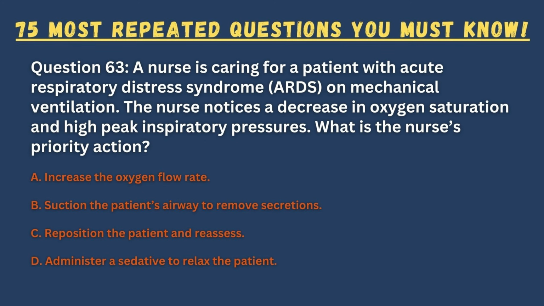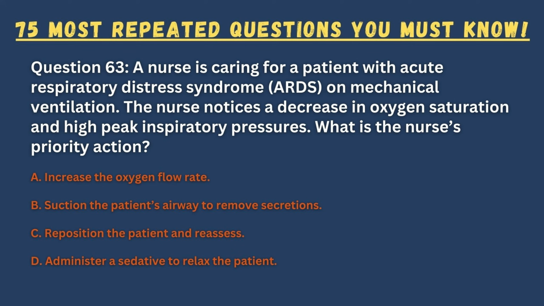Question 63. A nurse is caring for a patient with acute respiratory distress syndrome, ARDS, on mechanical ventilation. The nurse notices a decrease in oxygen saturation and high peak inspiratory pressures. What is the nurse's priority action? A. Increase the oxygen flow rate. B. Suction the patient's airway to remove secretions.